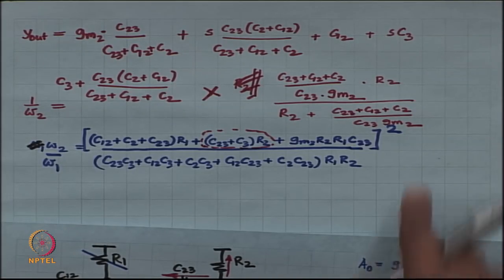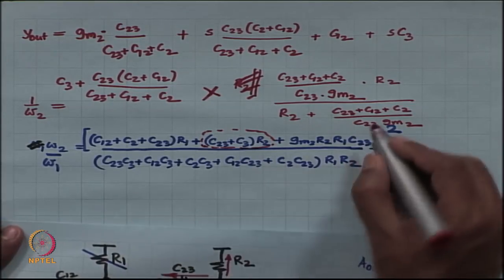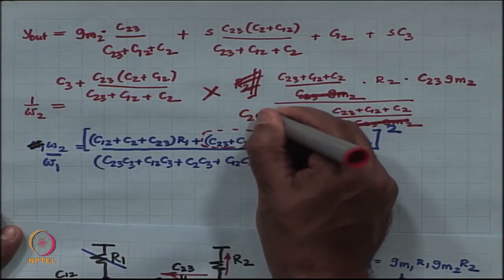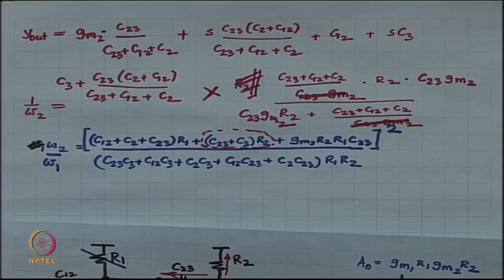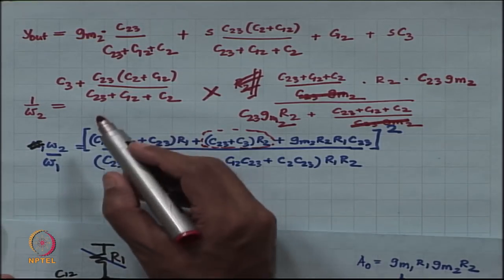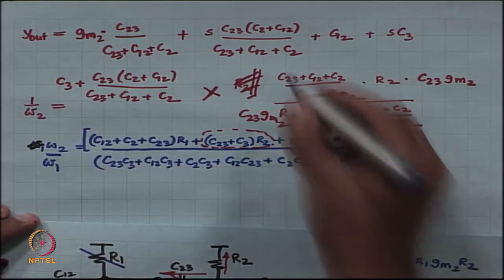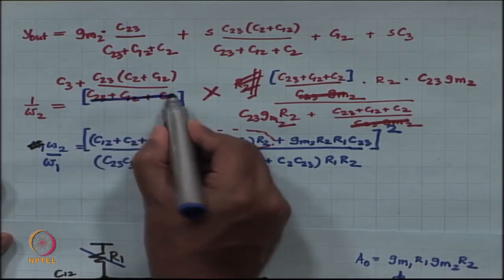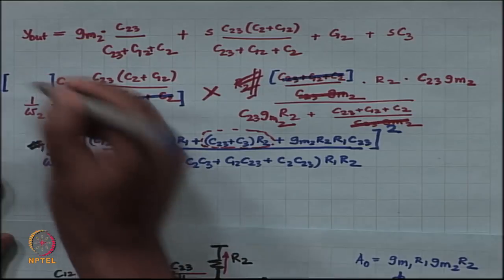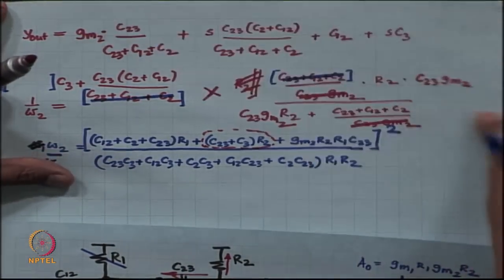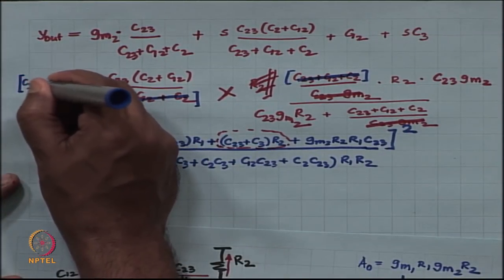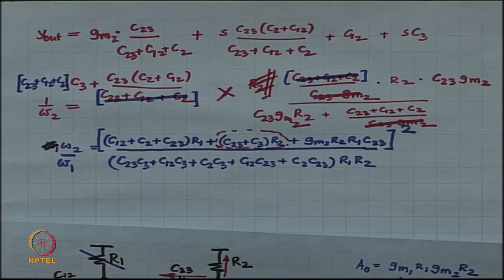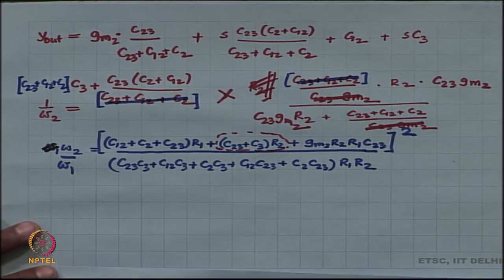The first thing that you are going to do is multiply by C 23 GM 2 in numerator and denominator. The next thing you are going to do is cancel out this factor. So, you have to cancel these two out and multiply it over here. That will leave you with a gigantic result.